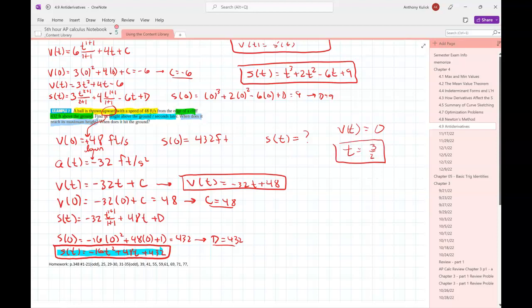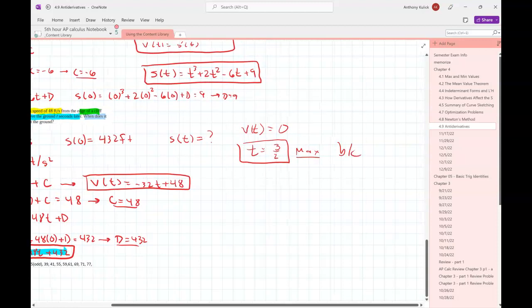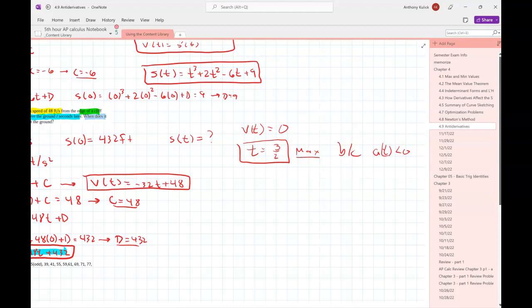Okay. And I know that this is a maximum. How do I know that the maximum occurs there? Yeah, because the second derivative is negative. Excellent. That's the second derivative test, right? I got it for free, easier than doing a first derivative test.